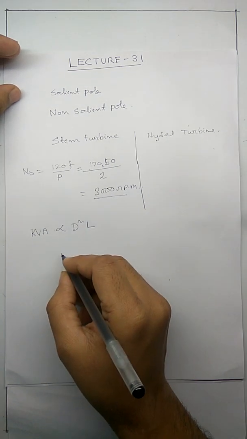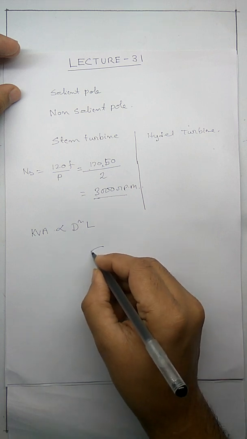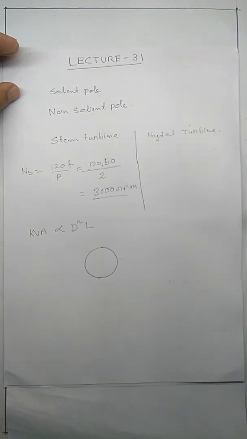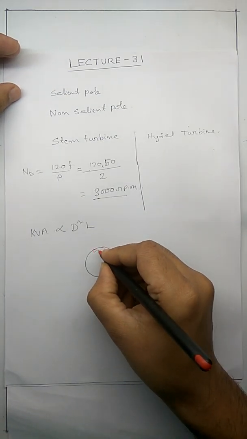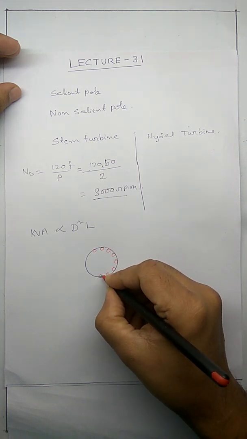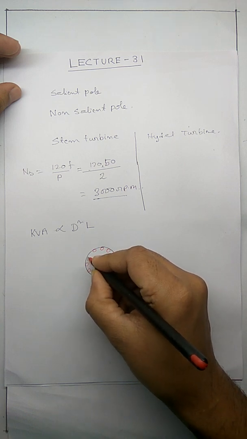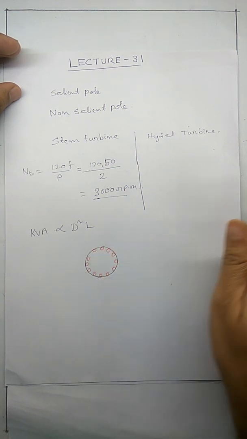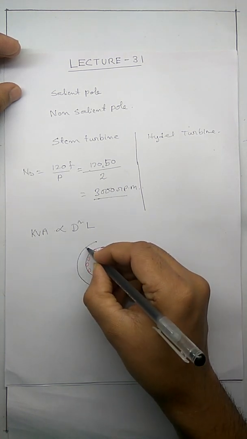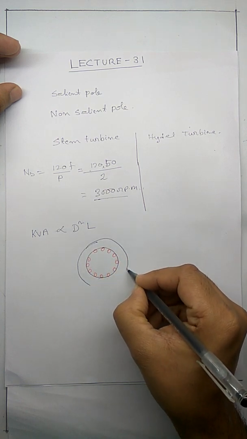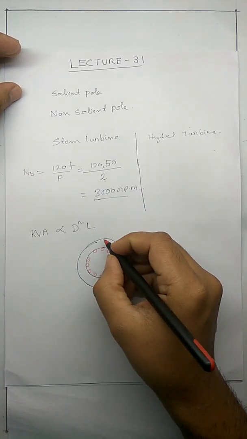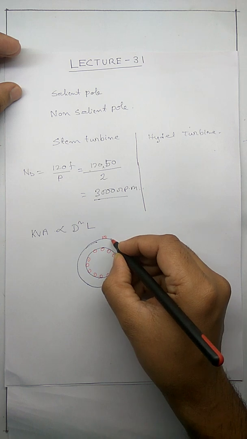Now, if you have a 3000 rpm machine, there is one more thing that I missed here. Say this is my rotor, and these are the windings of the rotor, and outside this is my stator, and on this side are the stator coils.